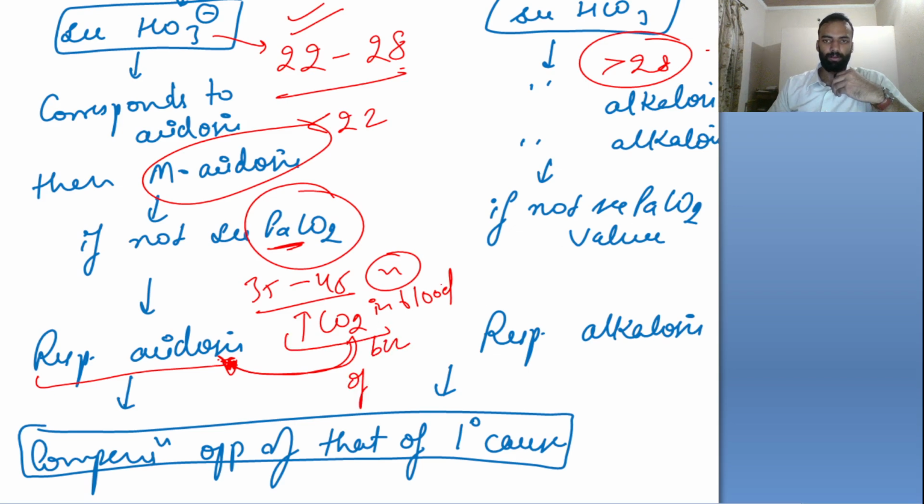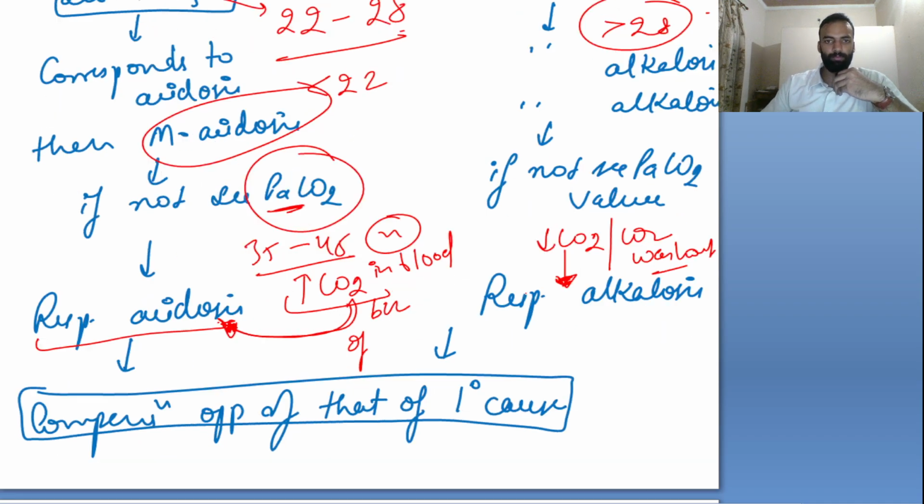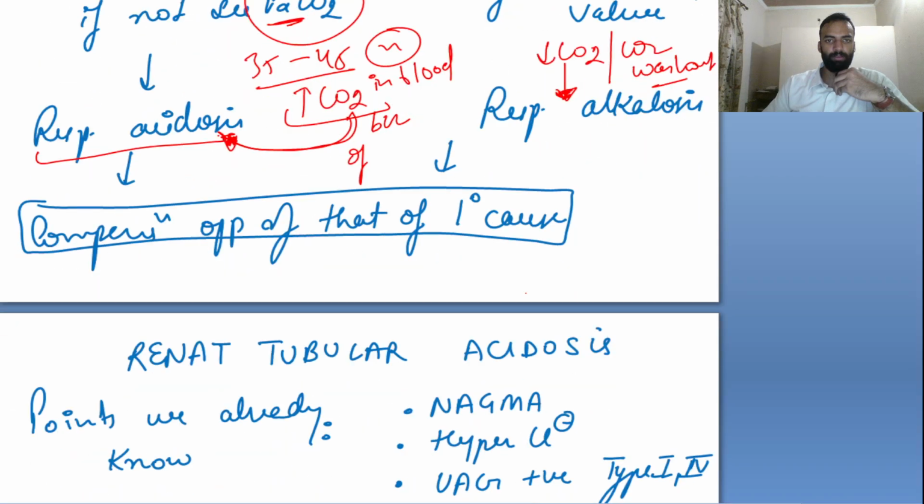And I can also say that a decrease in CO2, or CO2 washout, causes respiratory alkalosis.